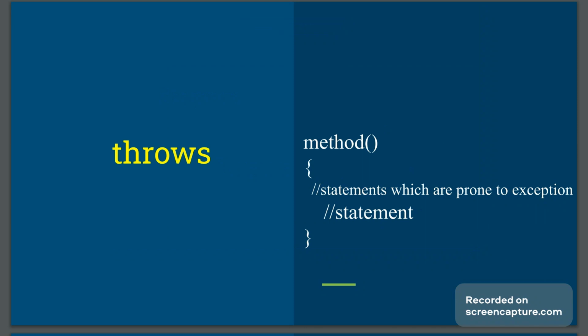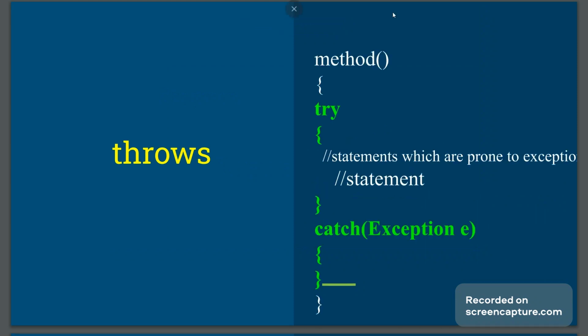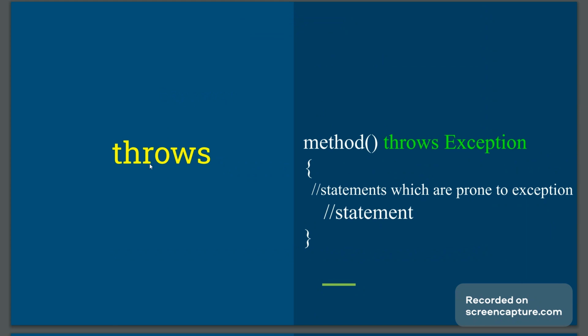So we could include the try catch block in the method itself for handling that exception, but that will increase the code lines of our method. So instead of that, we have the throws keyword for handling the exception. This is always written in front of the method with the throws keyword and the name of the exception class. It may be IOException, ArithmeticException, InterruptedException, any.